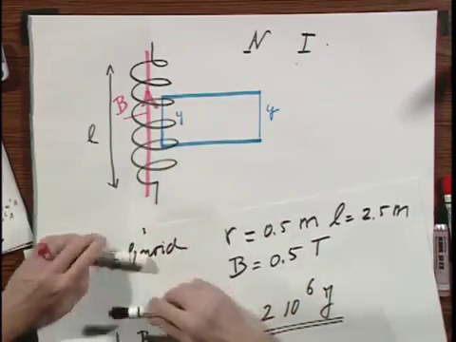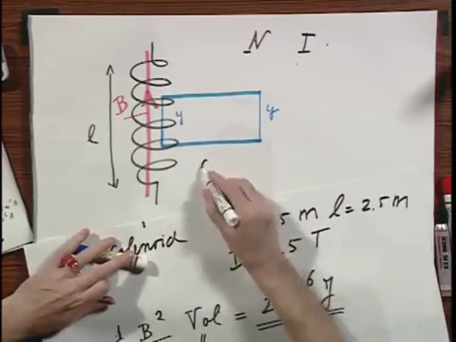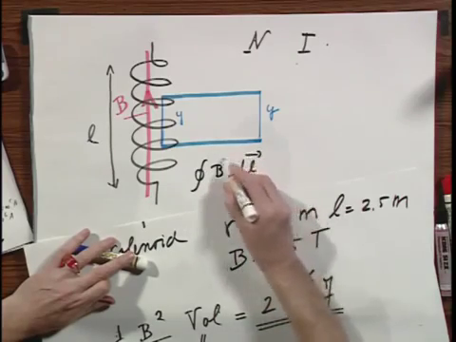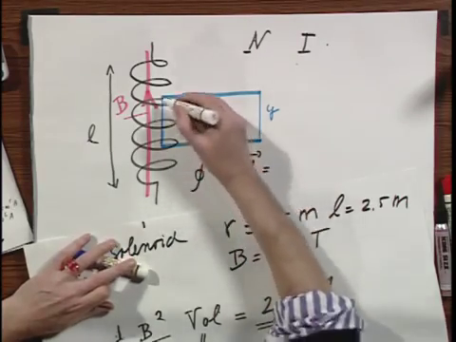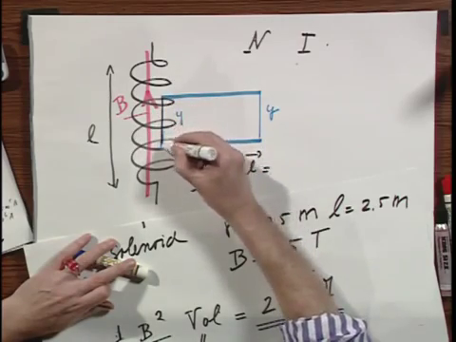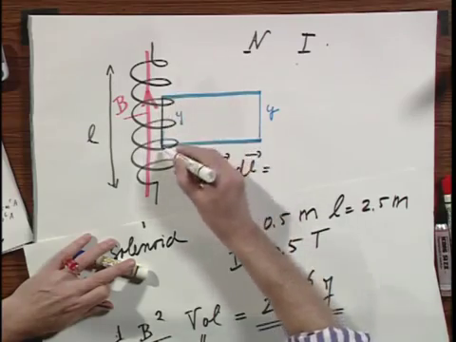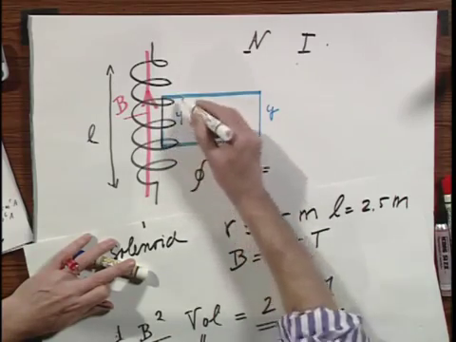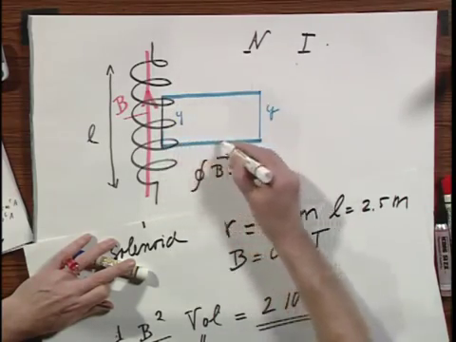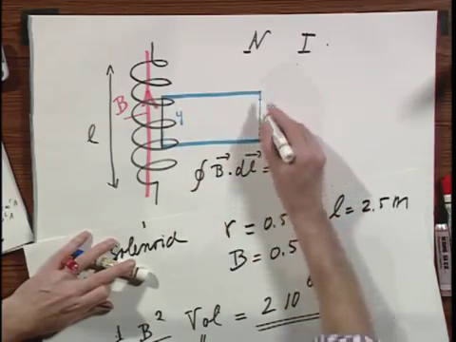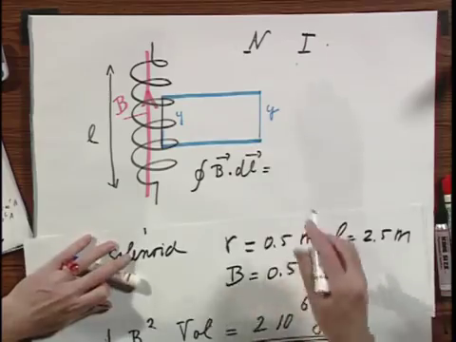And so when I calculate the dot product from Ampere's law, the integral of B dot dl, I only have a contribution through this part, because B is perpendicular to dl inside the solenoid. It's also perpendicular to dl here. And here the magnetic field is very weak, and certainly when we take this very far out, the contribution is approximately 0.